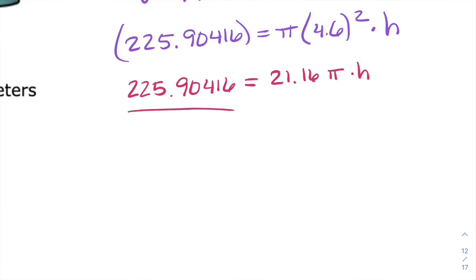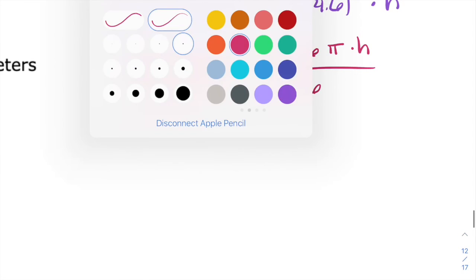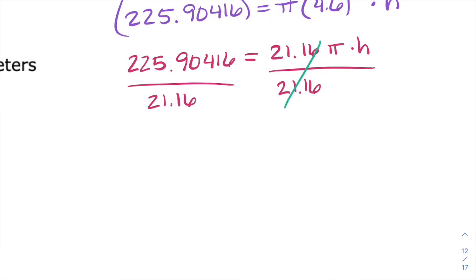Now I'm going to divide both sides by 21.16 pi. But wait a minute. Let's leave pi just the way it is, because let's do it in two steps, because the software wants me to not use the number pi, wants me to use 3.14.